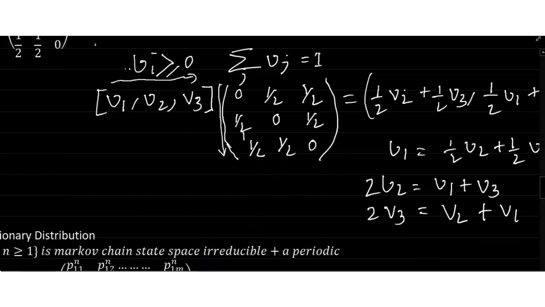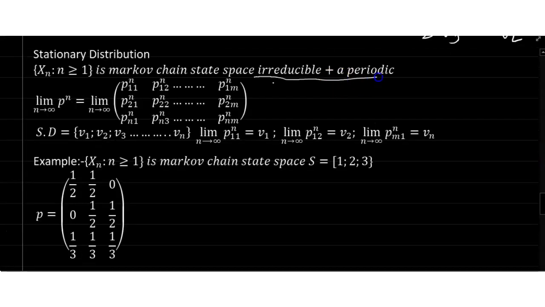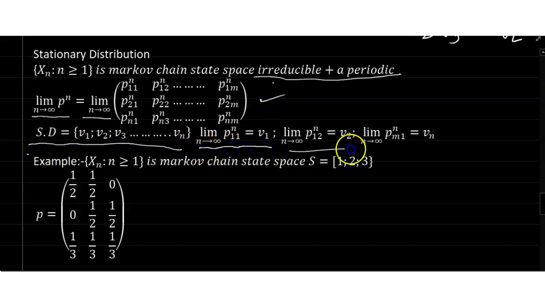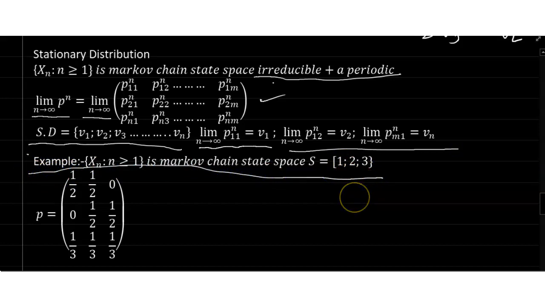I will discuss the doubly stochastic case a little later. Now, for the aperiodic case, we have to find the limit as n tends to infinity of p11^(n), which is the stationary distribution. Example: X_n is a Markov chain with state space S equals {1, 2, 3}.